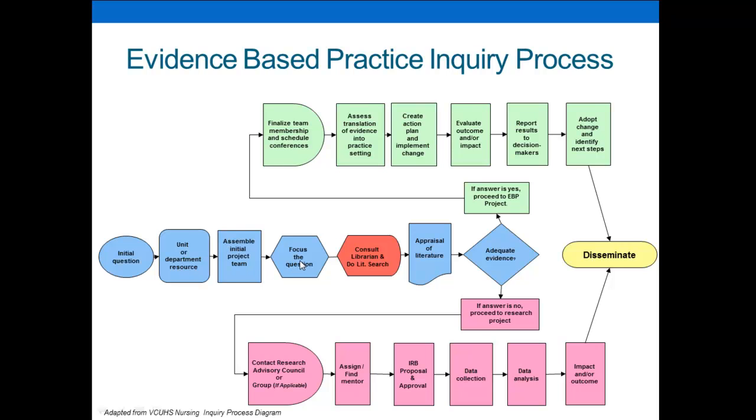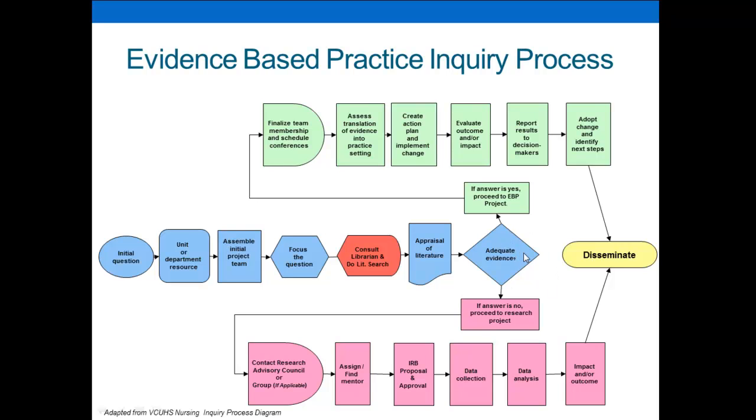When it comes to your literature search, don't hesitate to ask a librarian or someone with lots of skill in doing searches to help, because the research evidence is going to be very important in informing what you're able to do. And then, as you appraise the literature, you're going to have to make a determination as to whether or not there's adequate evidence.